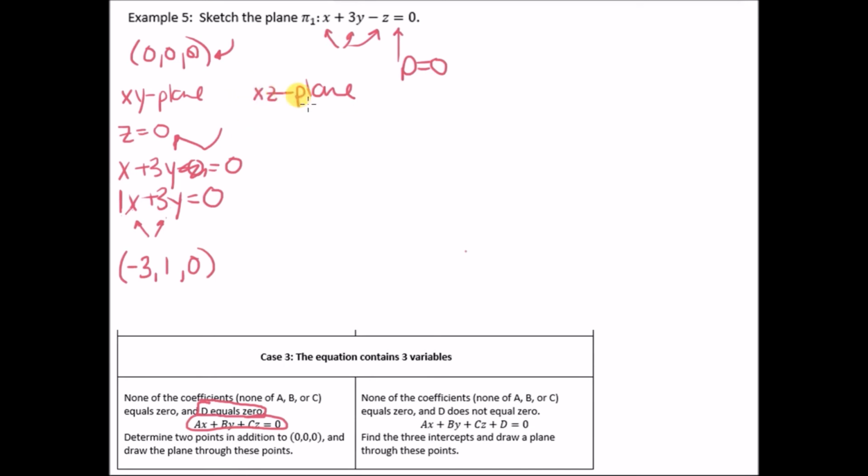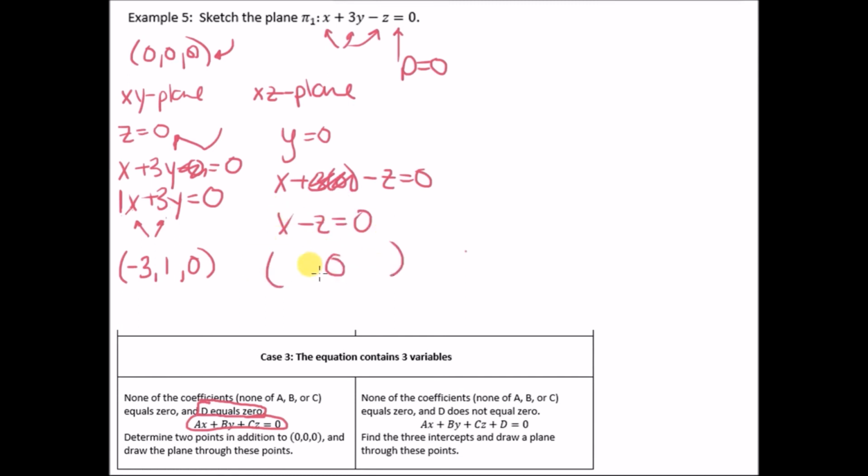We're going to do the same thing for the xz plane. In this case, y equals 0. So x plus 3y minus z equals 0, and the 3y term just goes away. x minus z equals 0. Now we need to find a point that satisfies this.